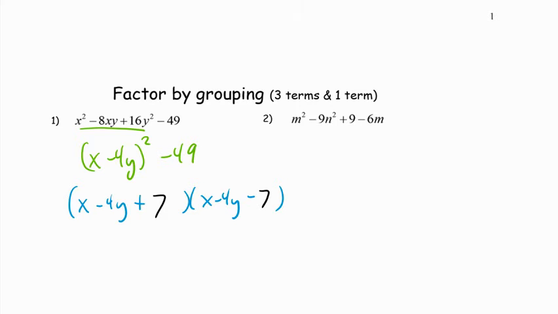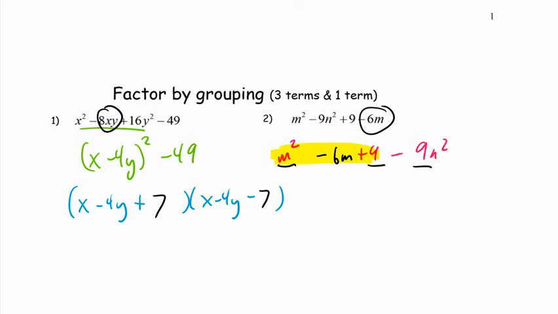On number 2, I don't have a perfect square trinomial all lined up. Sometimes you'll have to rearrange them. In the perfect square trinomial, the middle term is the only one that's not a square, which means this is going to be the middle term. So I'm going to have something on either side of it, and then the leftover one. The middle term is made up of m's, as in Mary, not n's, as in Nancy. So that means I'm going to have m squared plus 9, and then a 9n squared left over.